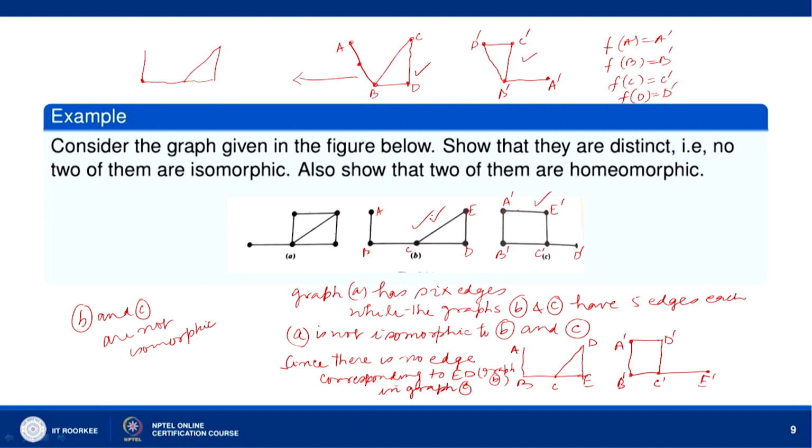And here, if we take an additional vertex on this B dash D dash, then we will get this graph. So, the graphs B and C can be obtained from two isomorphic graphs by taking appropriate vertices, and therefore we can conclude that the graphs B and C here are homeomorphic.